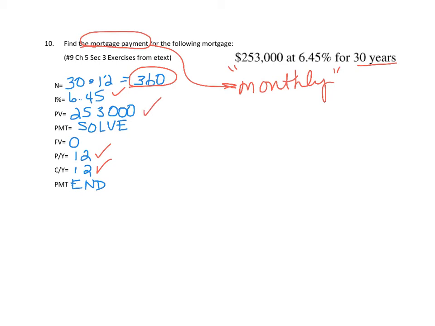At the end, you want the future value to be zero because you want to have paid off the house. So what we need to know is how much is each month's payment going to be. So we enter the information, 360 for N, 6.45 for the interest rate. You're borrowing $253,000.